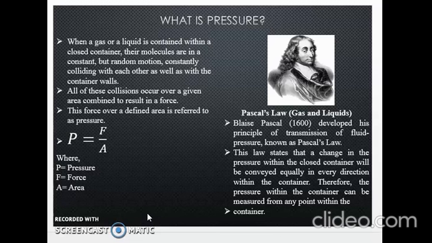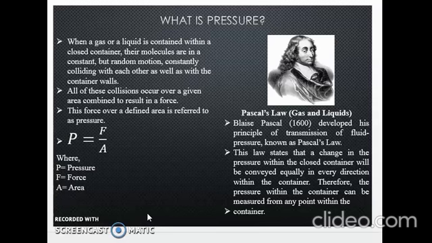This force over a defined area is referred to as pressure, and therefore pressure is given by force per unit area. Mathematically, P is given by F upon A, where P is pressure, F is force, and A is area.